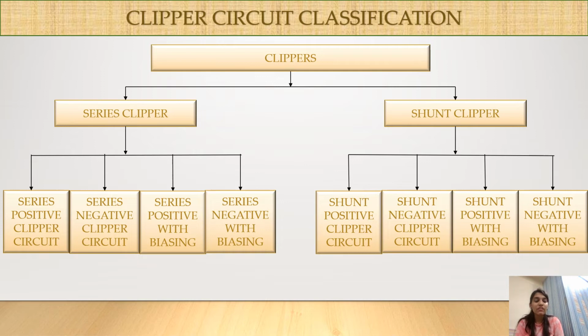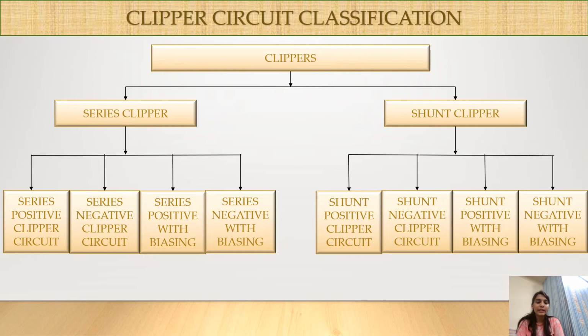The series negative clipper is biased with either a positive or a negative voltage battery to modify the waveform, instead of clipping the whole negative half. So these were all about series clippers.